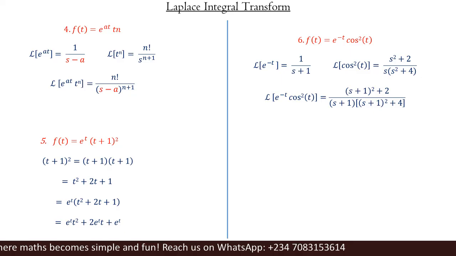In place of s, we are going to write (s plus 1) squared, then plus 4. So therefore, the Laplace transform of e raised to the power of minus t cos squared t is going to give us (s plus 1) squared plus 2, all over (s plus 1) multiplied by ((s plus 1) squared plus 4).